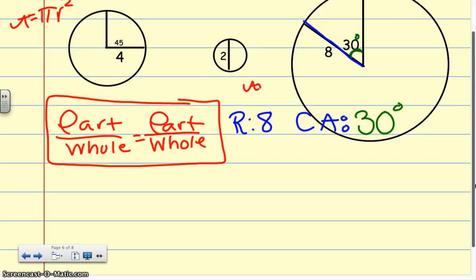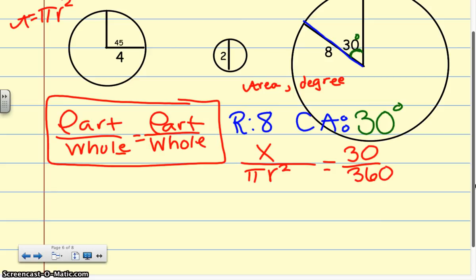I need an area. And what do I know? I know a degree. So those are two relationships I can form. So my sector area, which I don't know, I'm going to call x, is to my whole area. The whole area of my circle is pi r squared as, and then I'm given degrees. My central angle is to 360.